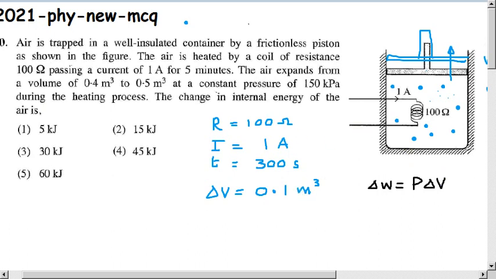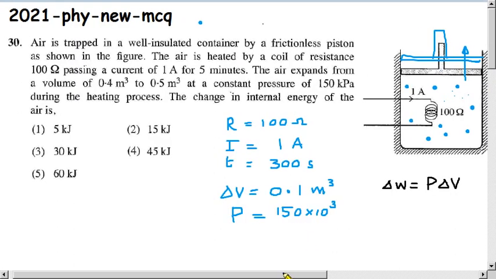Here again they have given the constant pressure, 150 kilopascal. We have to convert it to Pascal, 150 times 10 power 3 Pascal. So these are the data.